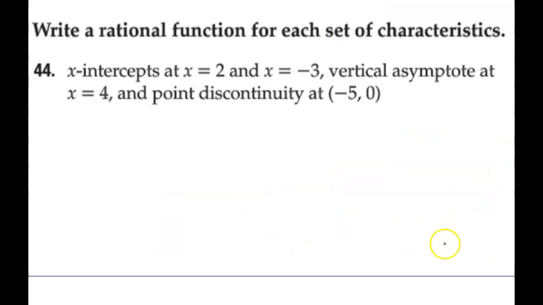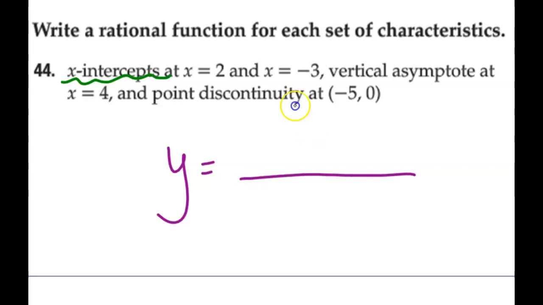Is there one more of these? Okay, x-intercepts at 2 and negative 3. Whoa, I don't know what that is. Where do we need factors if it has x-intercepts or zeros, guys? Is that part of the numerator or the denominator? Numerator.